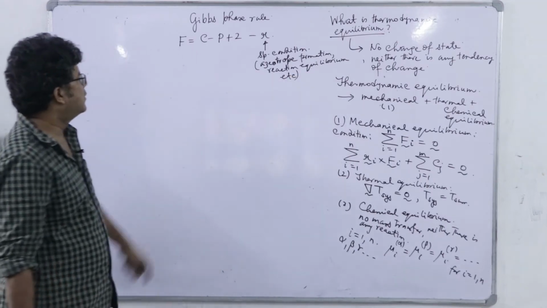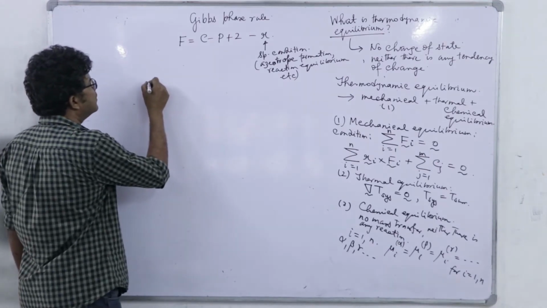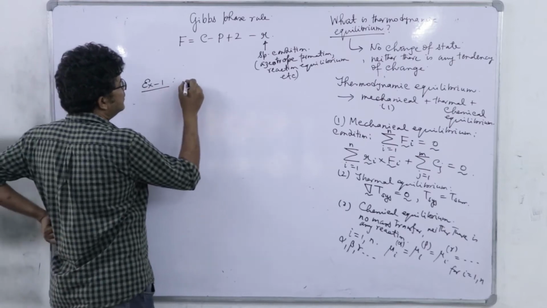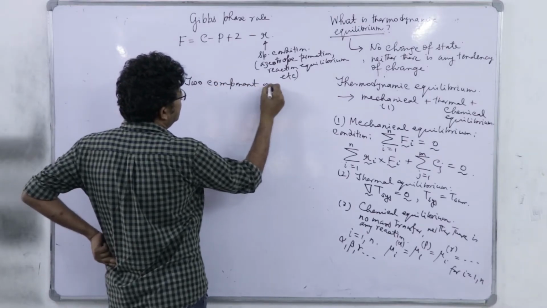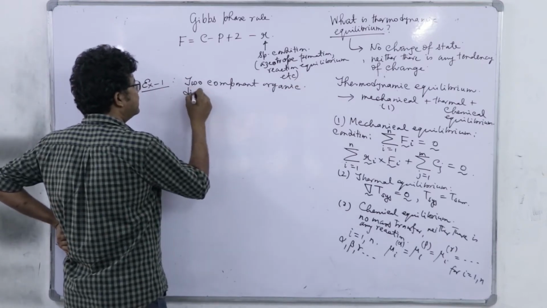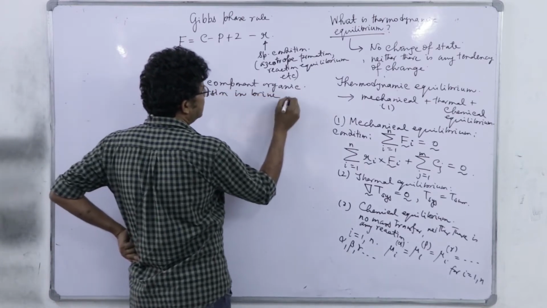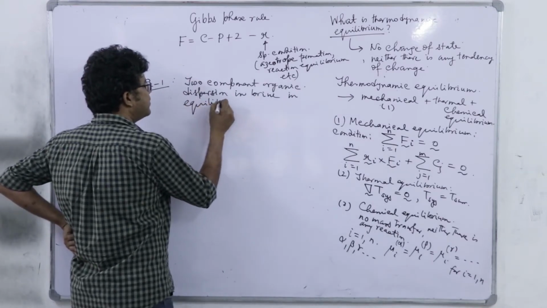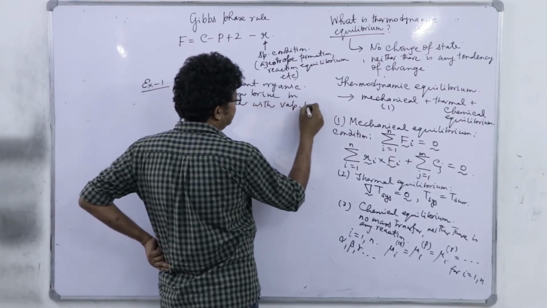So, let's have an example: a two component organic dispersion in brine in equilibrium with vapor phase.